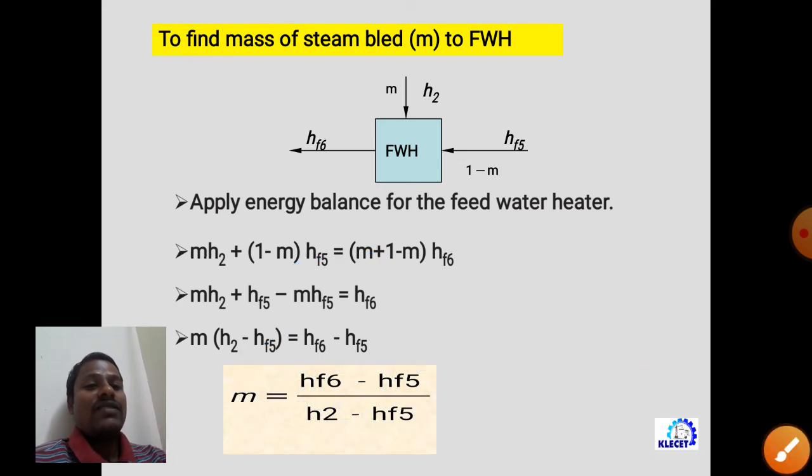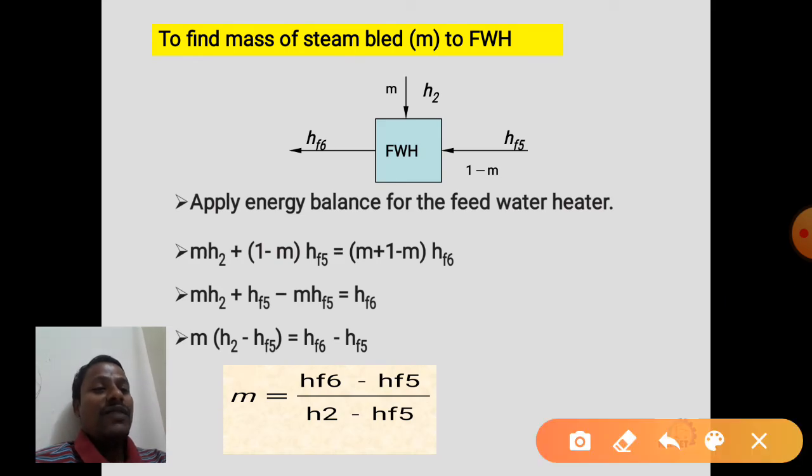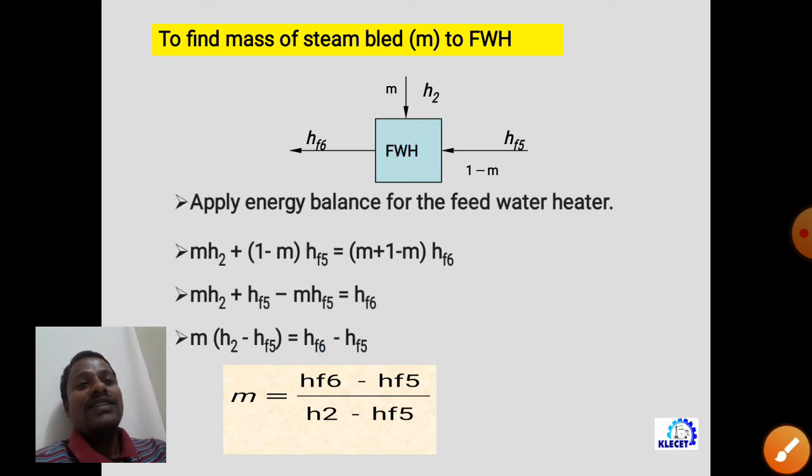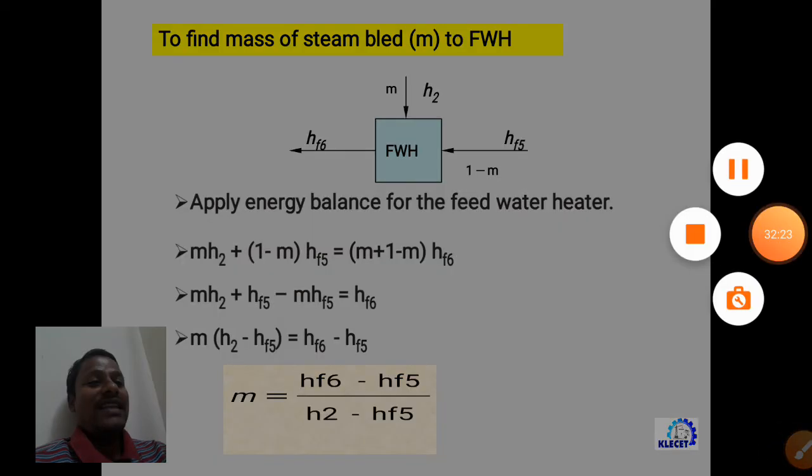Finally, the expression for m is (hf6 minus hf5) divided by (h2 minus hf5). We will use this formula for solving problems, and this concept is very important to calculate the mass of bled steam in the numericals on the regenerative feed water heating Rankine cycle.